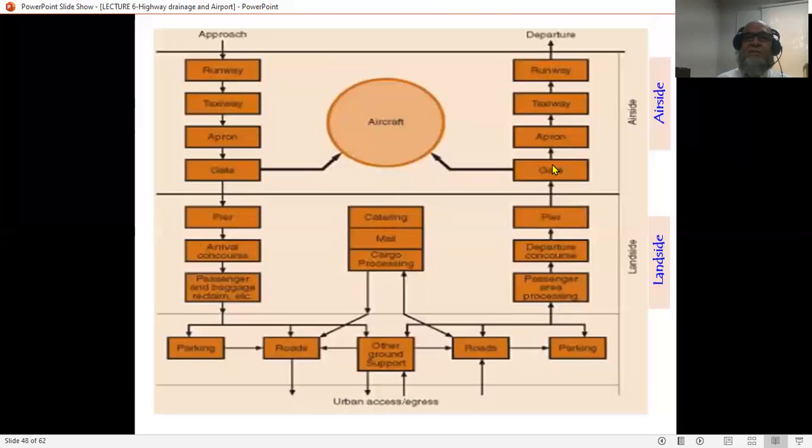Then you use the gate to go to the apron. Either you enter the airplane directly, or you are taken from the gate by bus service to your desired aircraft. The place where the aircraft has been waiting is called the apron, and then from the apron to the taxiway and runway, and you can see the mirror image on the other side.